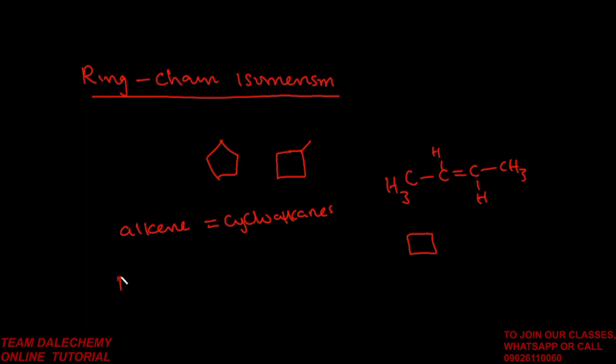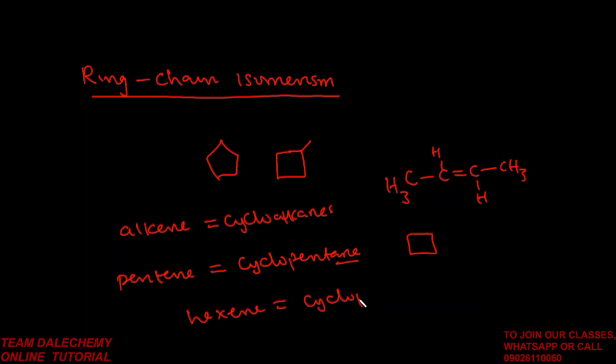So that means that when you have pentene, it's an isomer of cyclopentane, not cyclopentene. Get that right. When you have hexene, it will be an isomer to cyclohexane. So the meaning is that they will both have the same molecular formula, but obviously different structural formula, and one of them is a ring, cyclohexane.